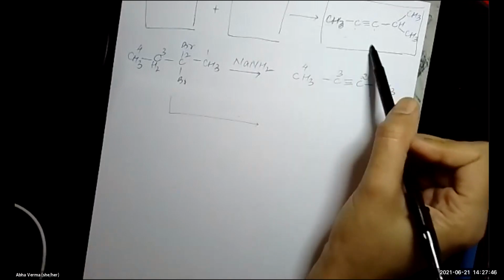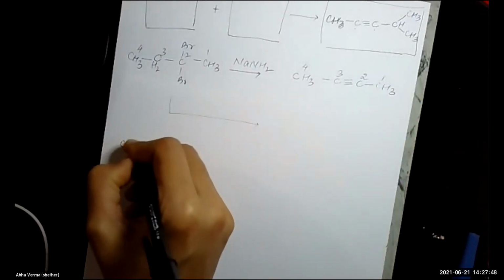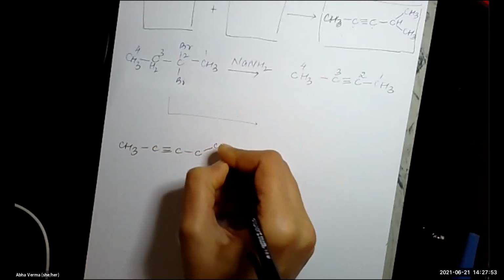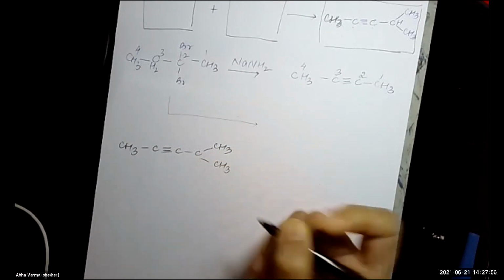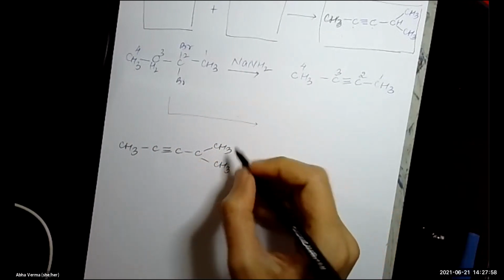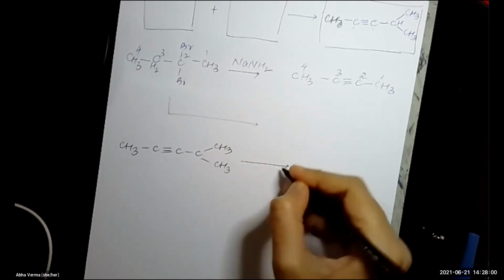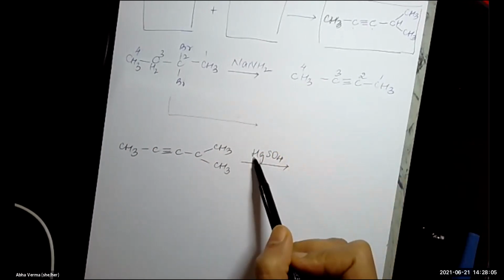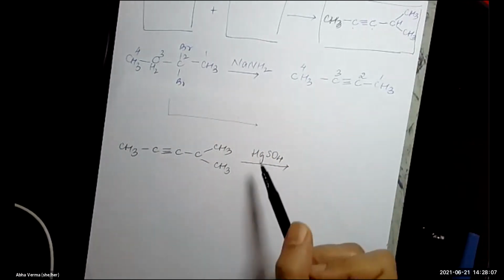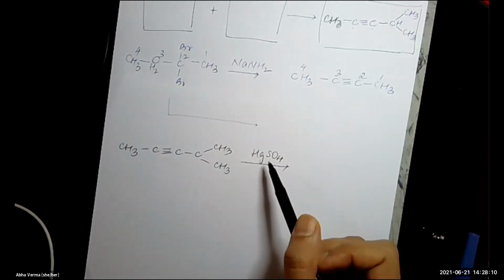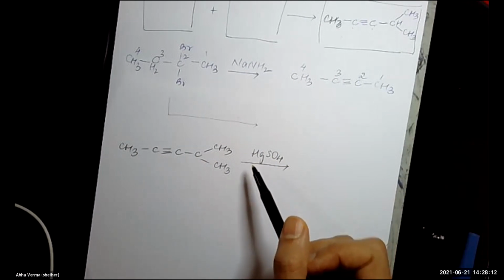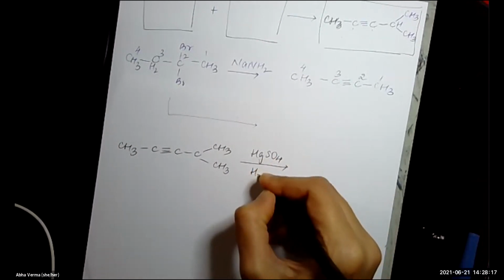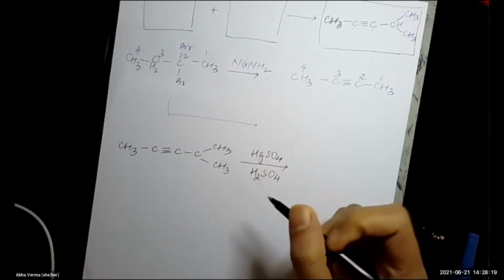So let's say I have the same structure here. From this structure, I'm adding HgSO4. Remember, when you were adding water on alkene, you would usually use mercuric acetate, HgOAc. So we are using a similar reagent, HgSO4 in the presence of H2SO4.